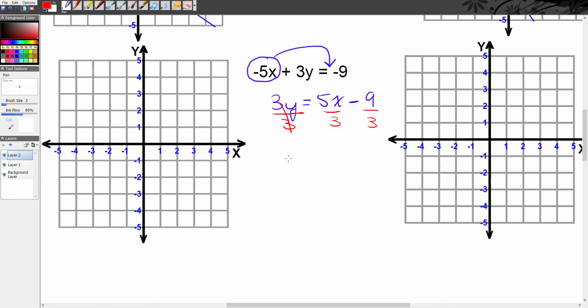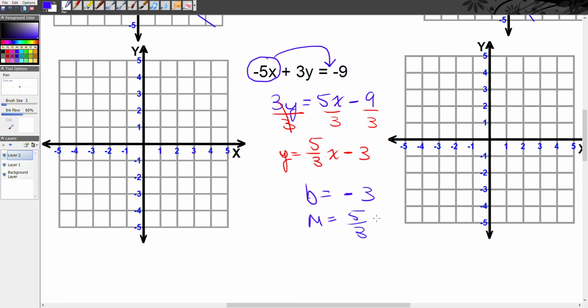So I get the equation here, y equals 5/3 x minus 3. Okay, so I'm going to go ahead and graph this. My y-intercept is negative 3, and my slope is 5/3.